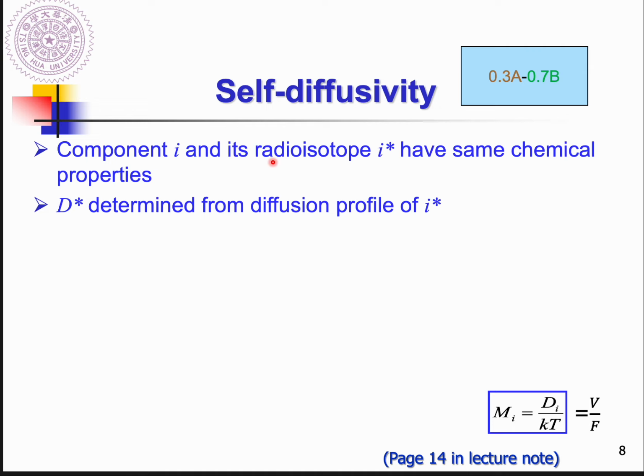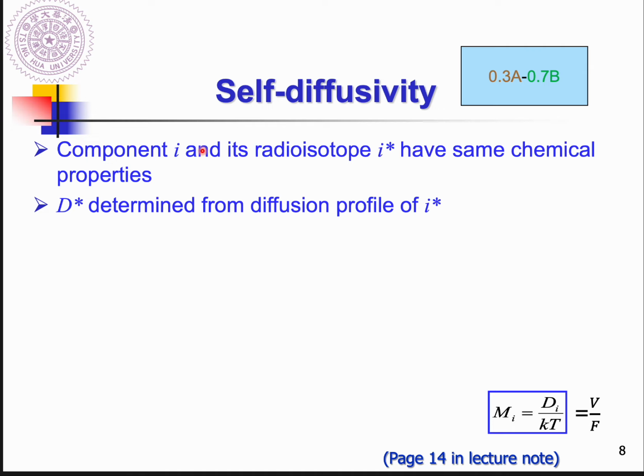Component I and its radioisotope I star have the same chemical potential. So what this means is, the question would be how to measure the self-diffusivity, because we are going to explain the relationship between this diffusivity and the direct and coupling coefficients and concentration.